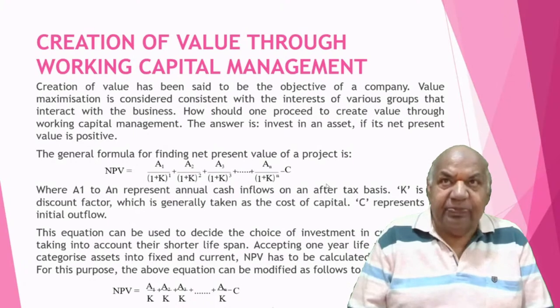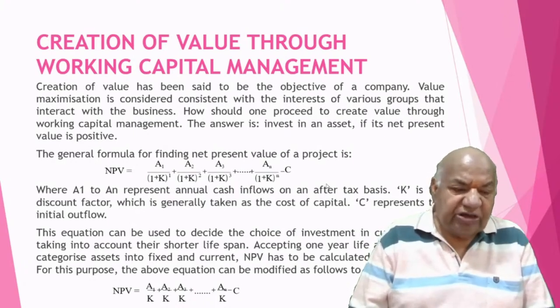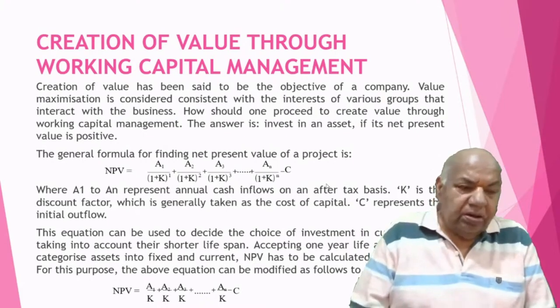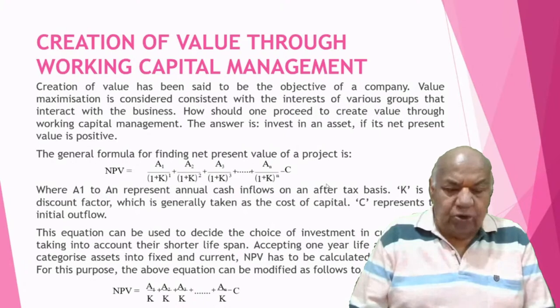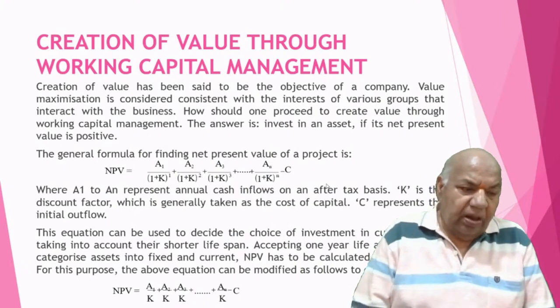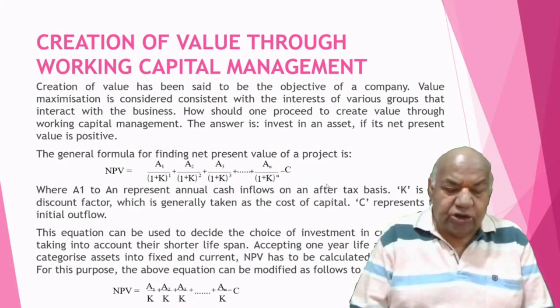If this net present value is positive, only then the investment should be done. This equation can be used to decide the choice of investment in current assets, taking into account their shorter lifespan.